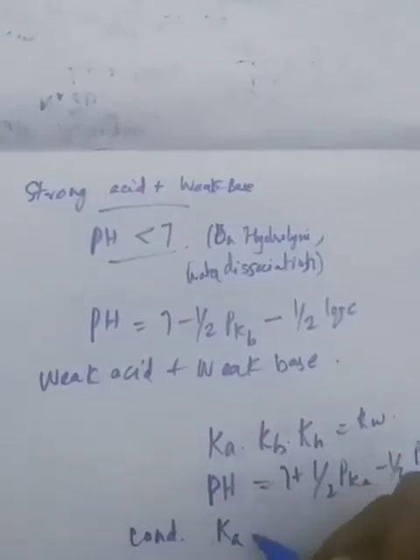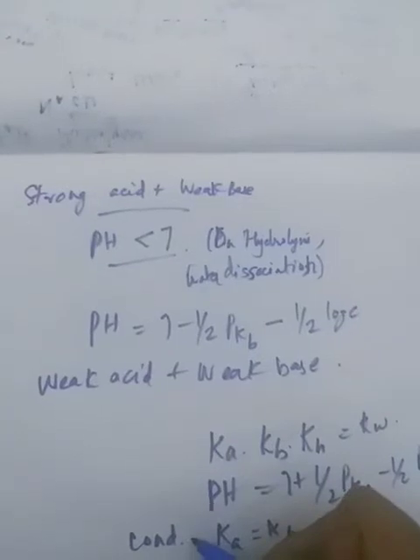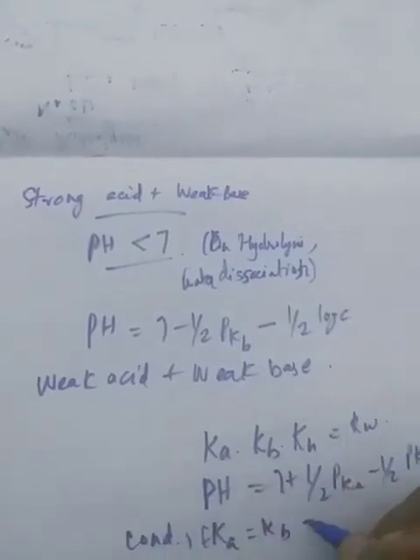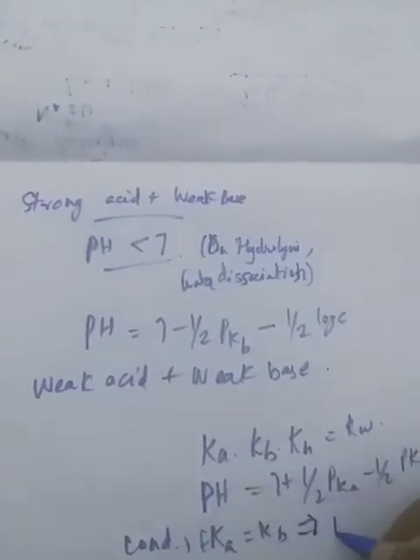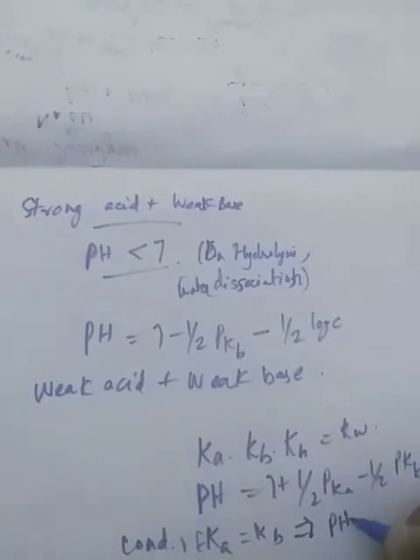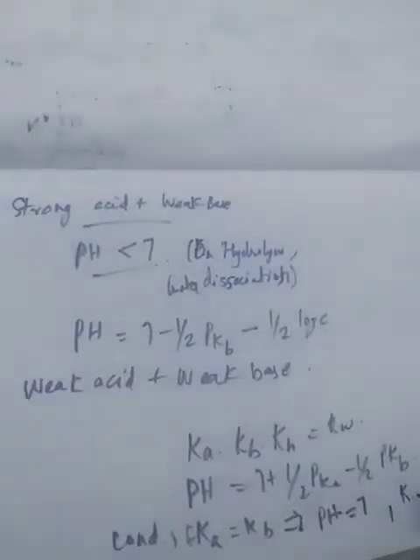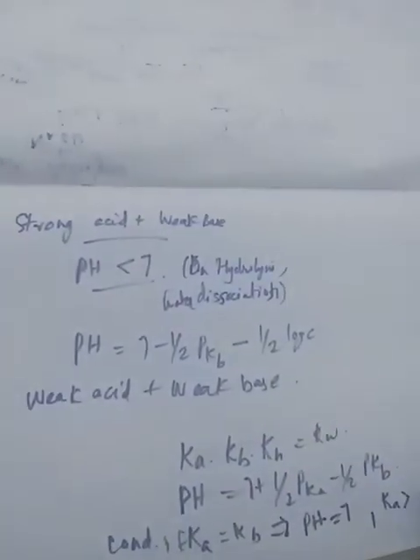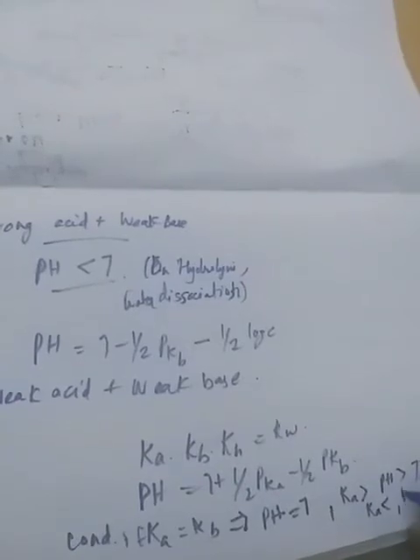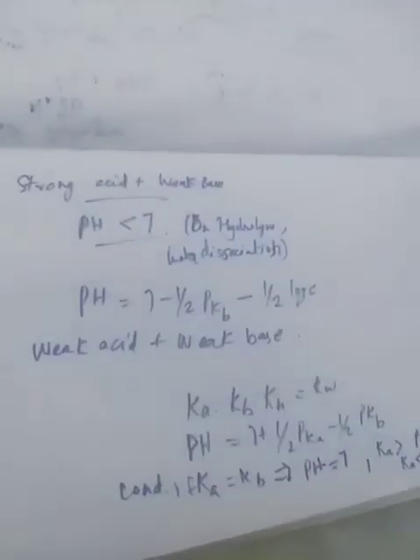If Ka equal to Kb, we will get pH equal to 7. If Ka is greater, we will get pH greater than 7. If Ka is less, pH will be less than 7. So this is how we will calculate the pH of this hydrolysis.